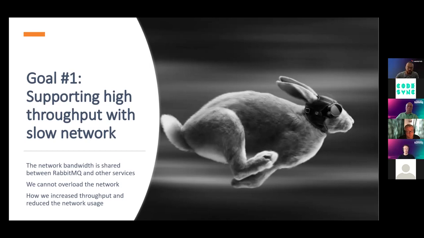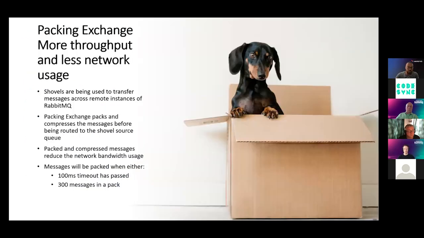So what we did, we built a custom plugin called Packing Exchange. What Packing Exchange does, and I'm going to show you the architecture in the next slide, but just briefly: once the messages reach the queue that the Shovel is consuming from, before that, they are published to a custom exchange called Packing Exchange.